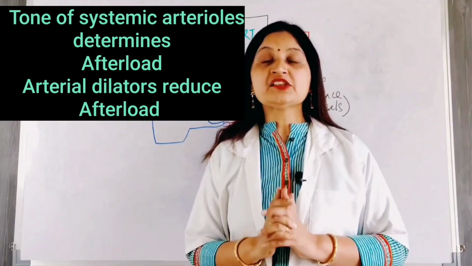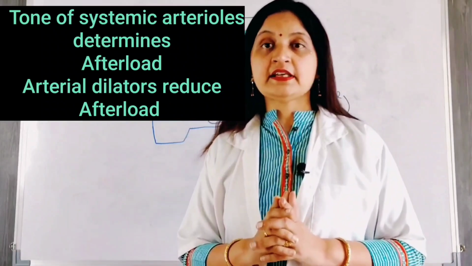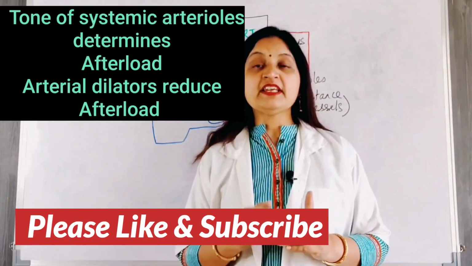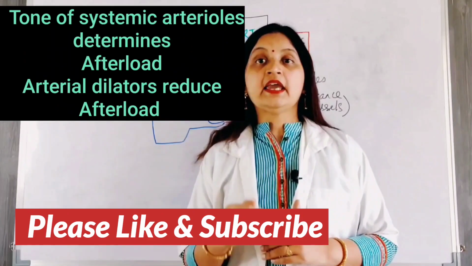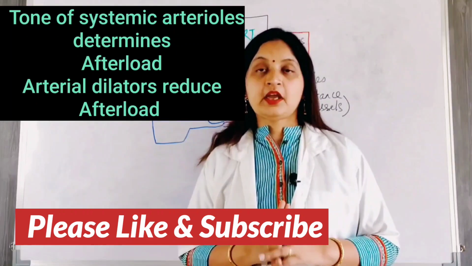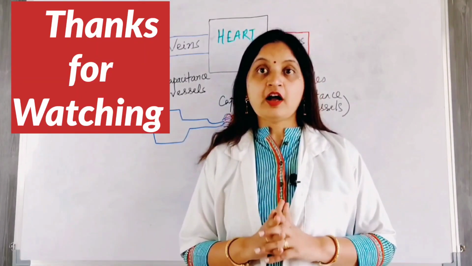Thirdly, the tone in the systemic arterioles contributes to systemic vascular resistance, which in turn leads to increase in afterload. So increased systemic vascular resistance increases the afterload and the workload on the heart. Therefore, arterial dilators are very useful in the management of heart failure.